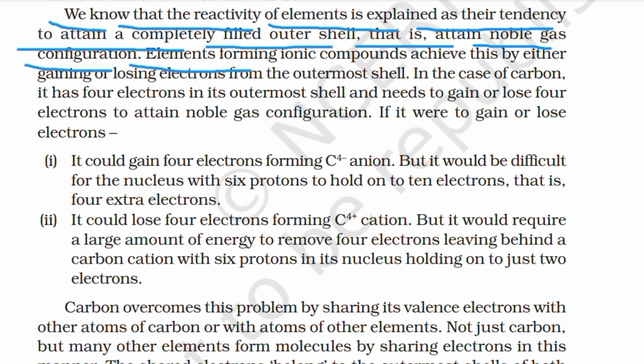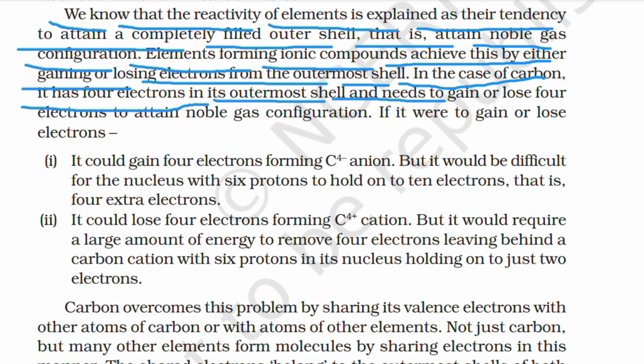Elements forming ionic compounds achieve this by either gaining or losing electrons from the outermost shell. In the case of carbon, it has 4 electrons in its outermost shell and needs to gain or lose 4 electrons to attain noble gas configuration.